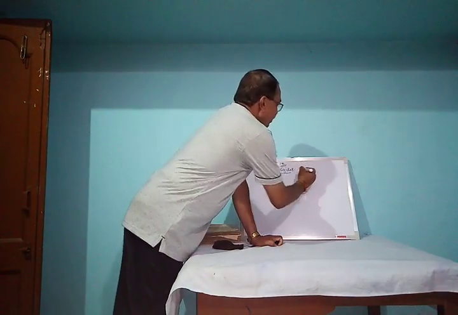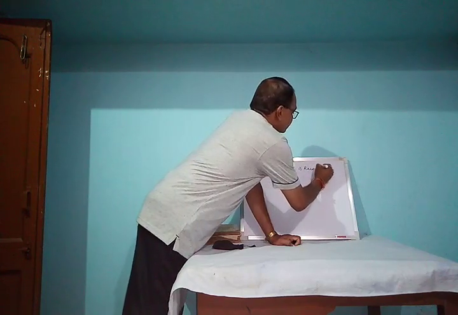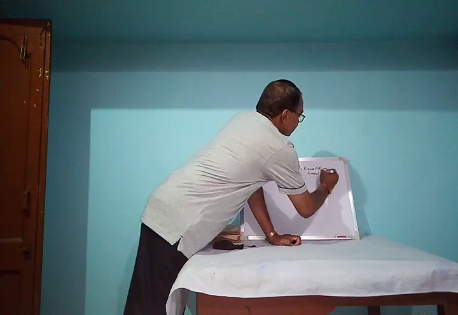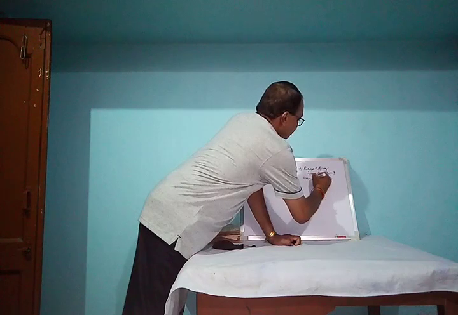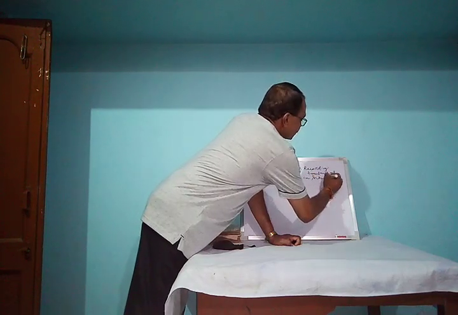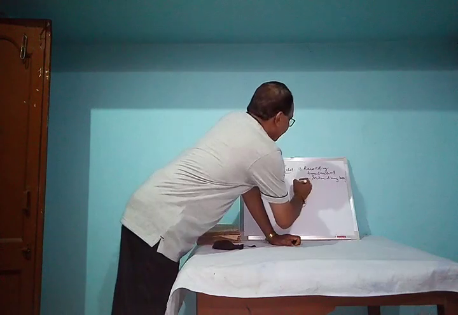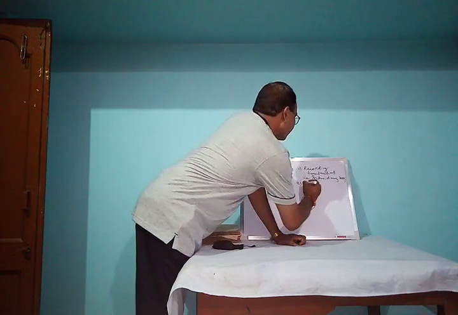First of all, how the accounting cycles are to be maintained. First, our step is to record the transactions in subsidiary books. Then the second step is your posting.